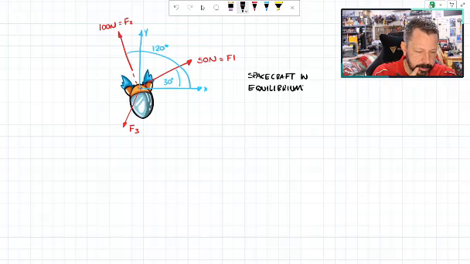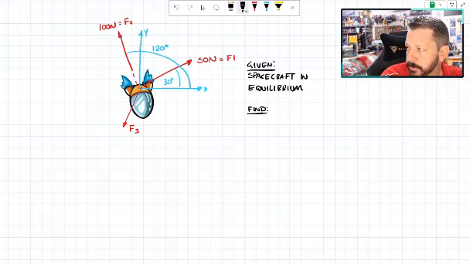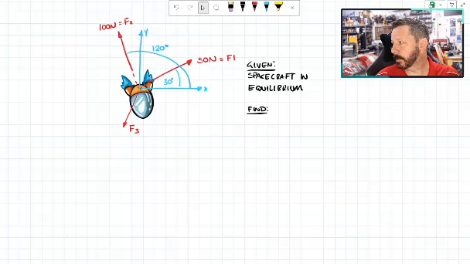So what we want to know is, what is the magnitude and direction of F3 in order to maintain equilibrium? So this will be given that stuff in our diagram. Make sure I've still got the right stuff on the screen.